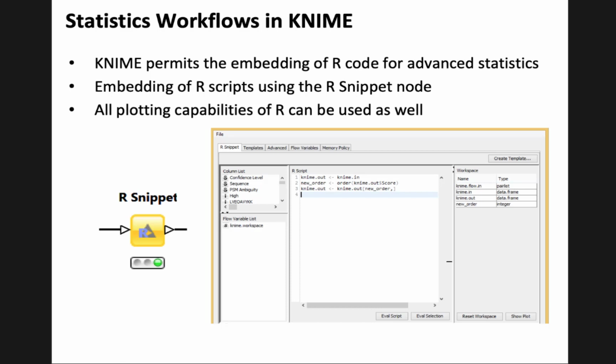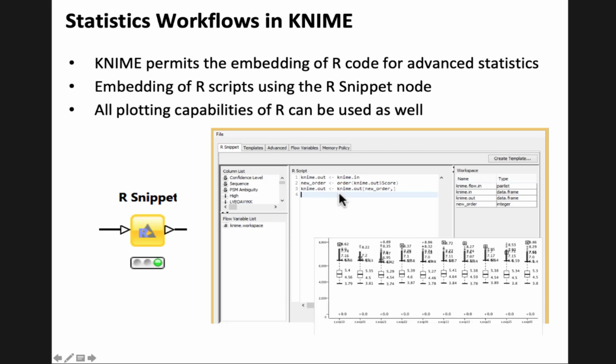You can just have a function order that resorts the table. And you see in 3 lines you have put your R code in KNIME, or you can have more advanced scripts like this one that does normalization and box plots for quality control. We will discuss that later today.